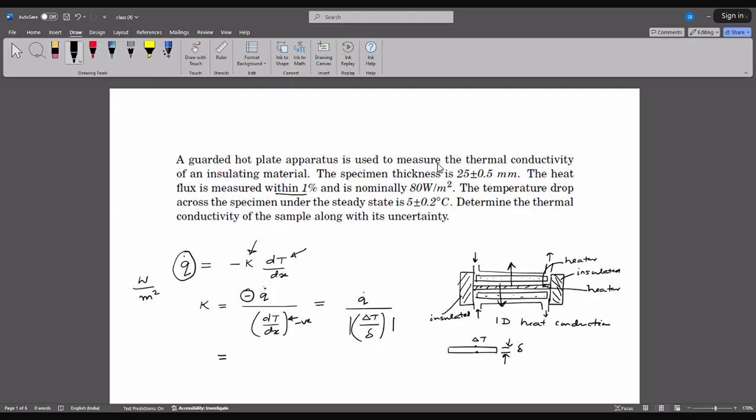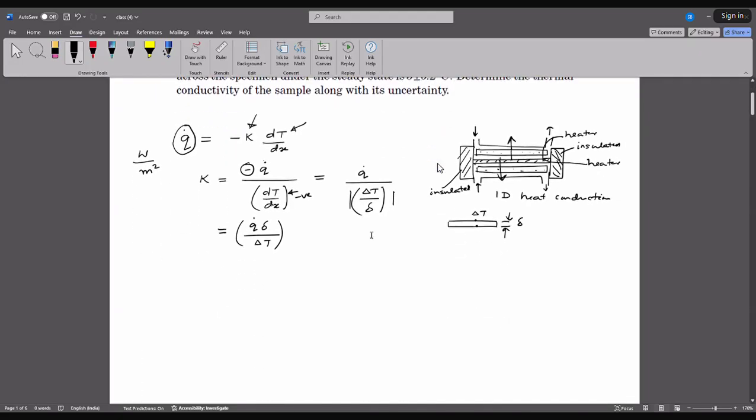When you evaluate the temperature gradient, you can take the modulus and drop the negative sign. So basically your K is going to be Q times delta divided by delta T. So this is the formula.